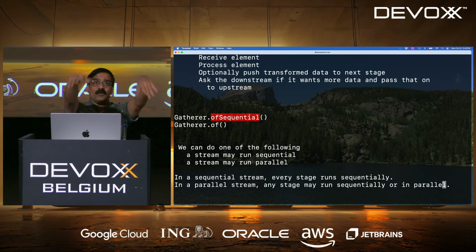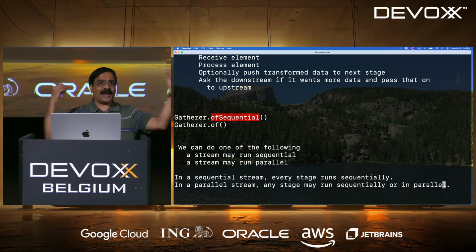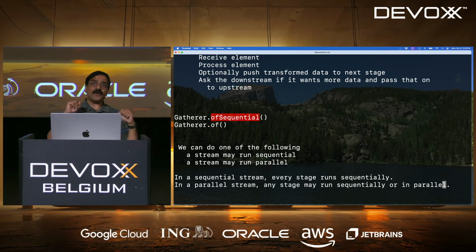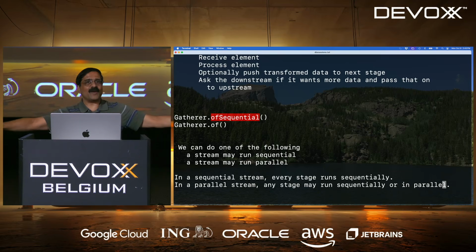I cannot just throw that out in parallel because the other thread may be seeing the same value as my thread. I got to synchronize it. So more than sequential, it's got to synchronize it. On the other hand, a sorted, you can run things in parallel, but the sorted says, come on over here, let's work on this together, let's do the sorting, now you can go parallel.